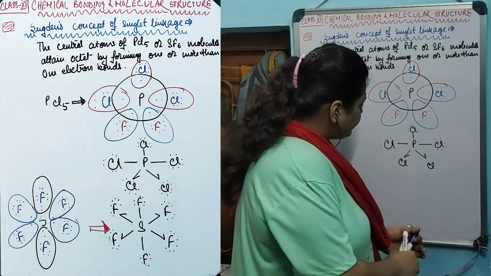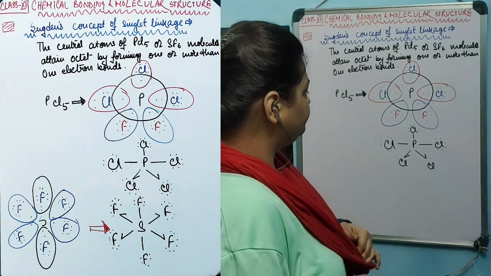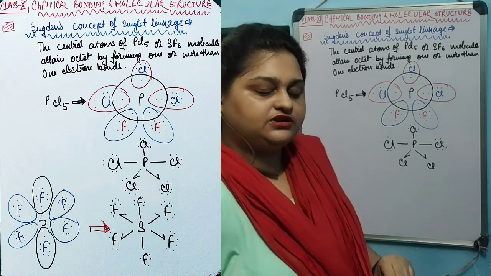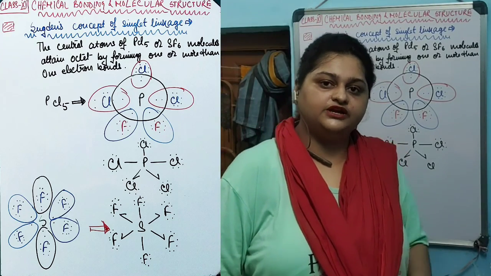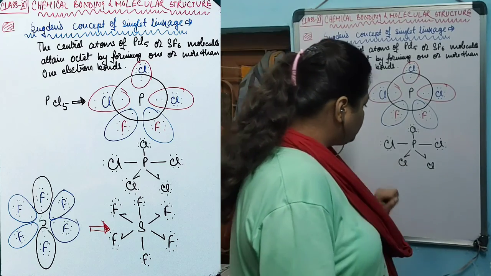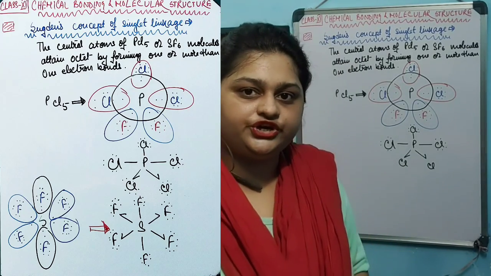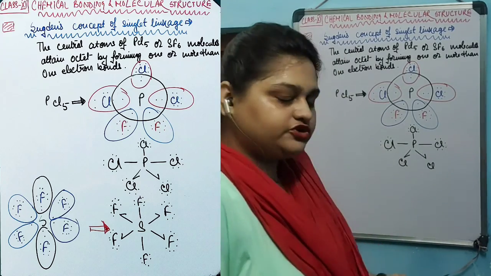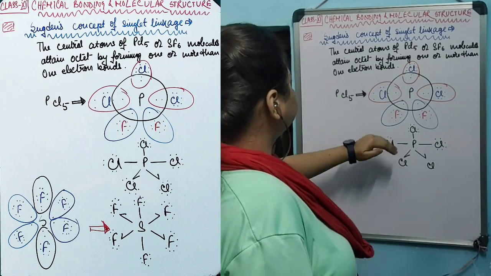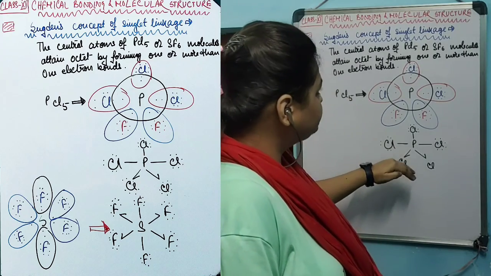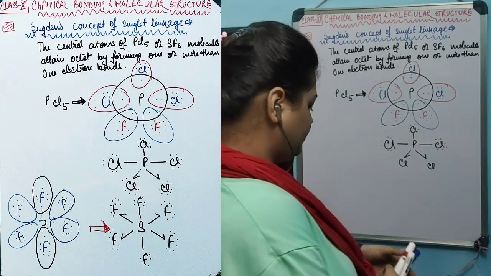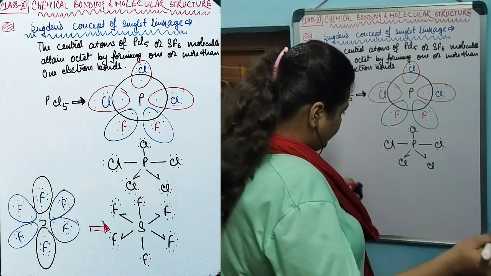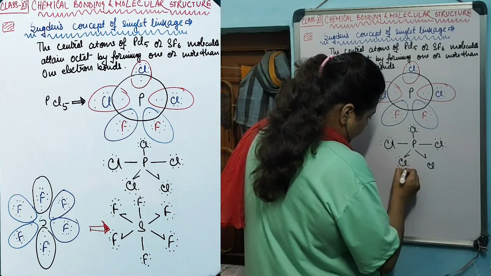So out of the 5 bonds formed between chlorine and phosphorus, 3 bonds have been formed by sharing 2 electrons and 2 bonds are formed by sharing 1 electron solely from phosphorus. This was Sidgwick's concept of the singlet linkage rule.